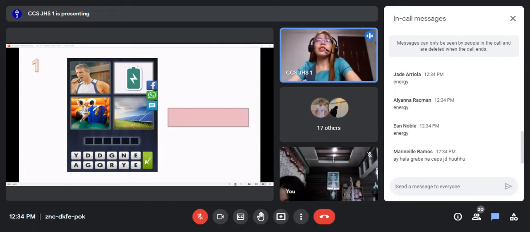Let's see if energy is the correct answer. Answer reveal. Very good. It's energy. Anyways, energy is the answer. So, Marinelle, you get 1 point for our activity later.